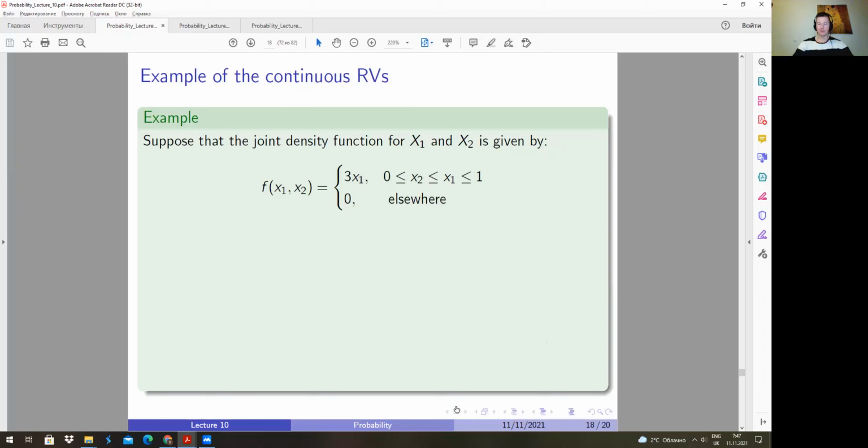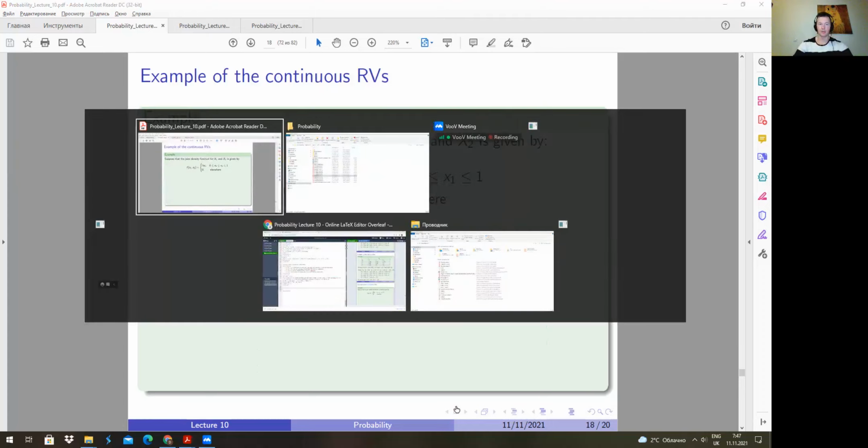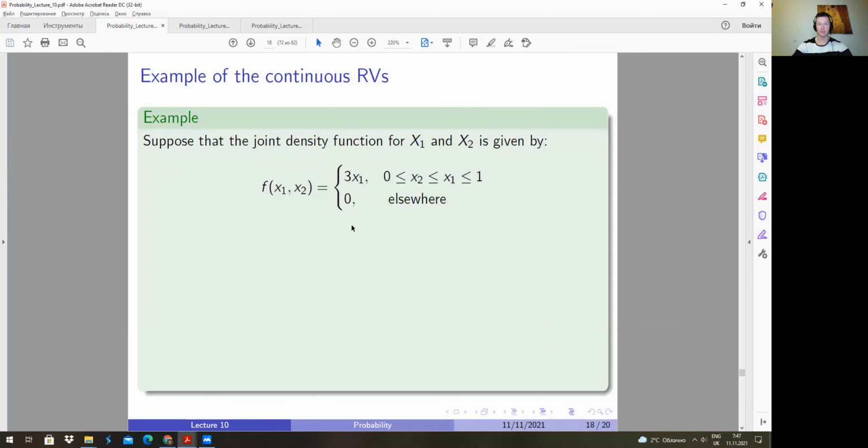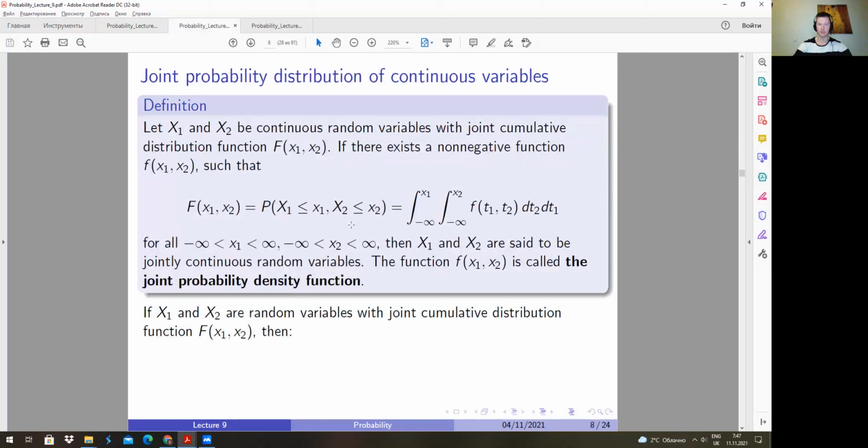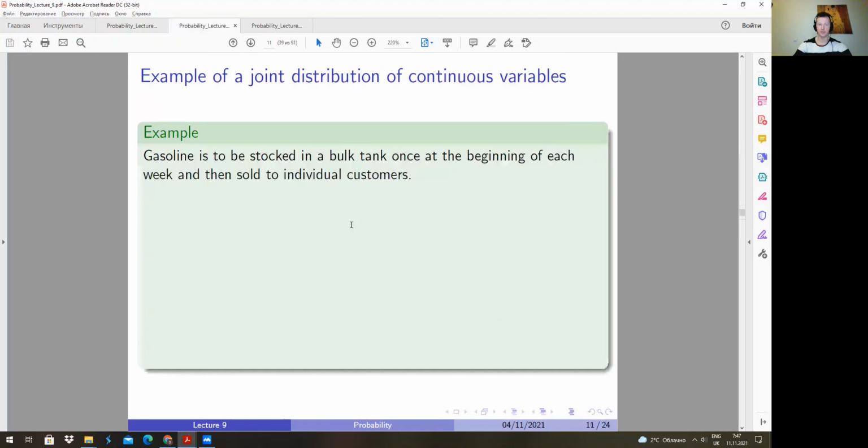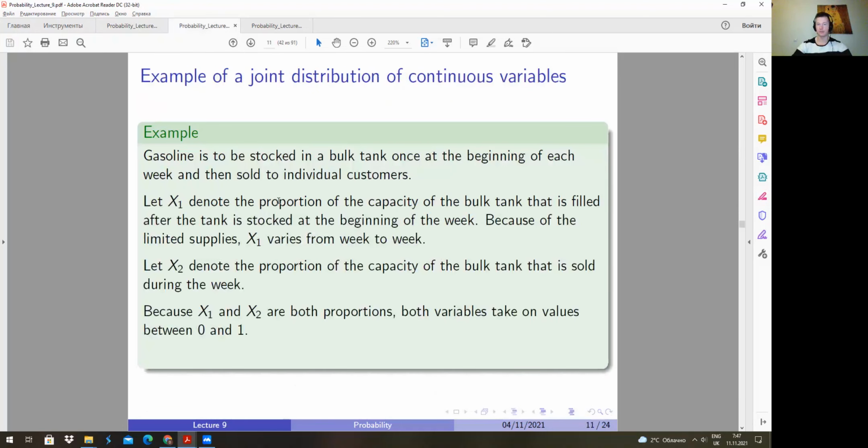So now let's look at another example of continuous random variables and their covariance. This joint density is taken from the gasoline stock example. If you don't remember, let's remind ourselves.